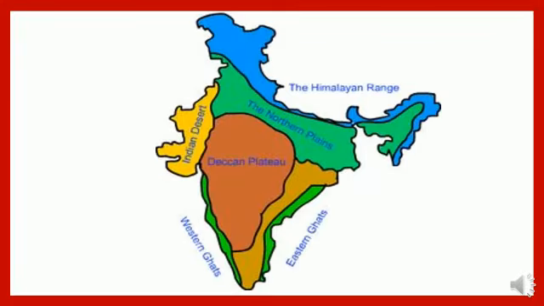Look at this physical map of India. You have learned in grade 4 that blue color stands for ice or water bodies, green color for plains, and yellow color for deserts. So it means all these different colors are used to show different physical features or landforms.